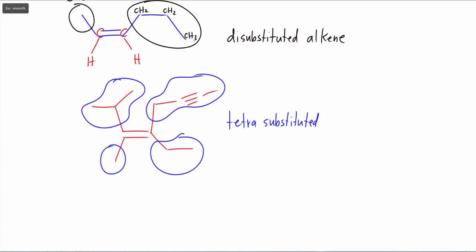So definitely in this chapter, you have to understand Zaitsev's rule and the level of substitutions within an alkene, because that will apply to what we do next when we start elimination reactions and trying to determine what's the most favorable product.